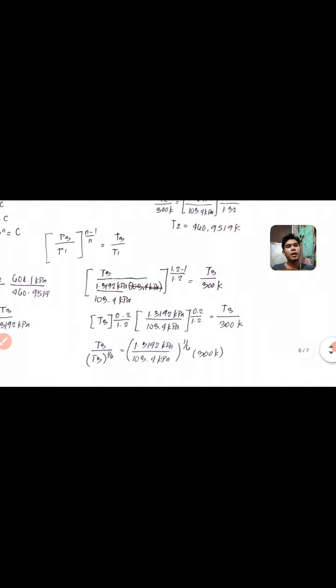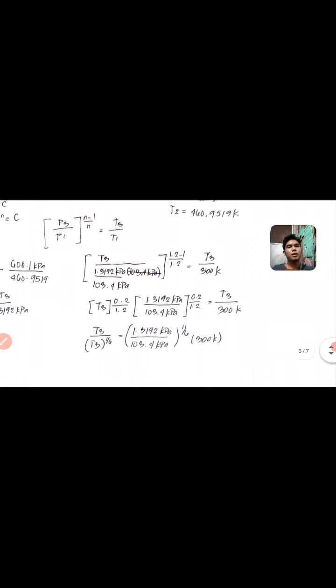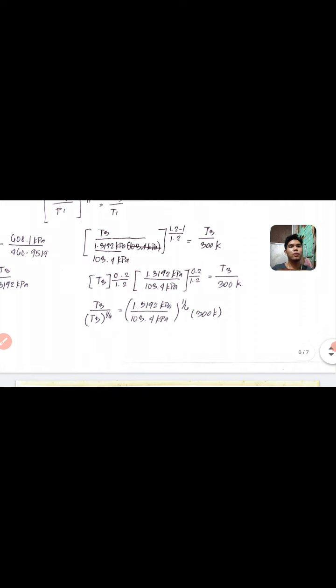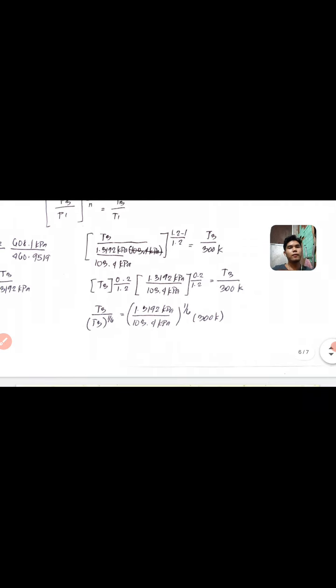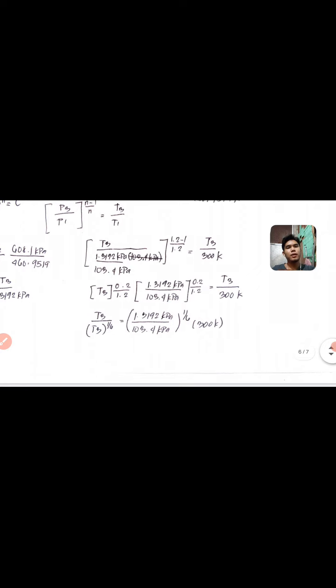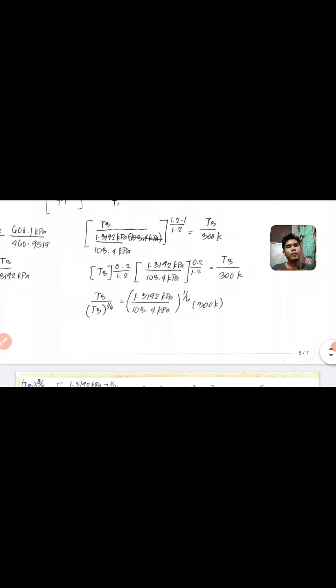So here I tried the shift solve in my calculator, but it can't be solved, maybe because it is so complicated. So I just solve it manually. First I distributed the exponent, which is 1.2 minus 1 over 1.2.